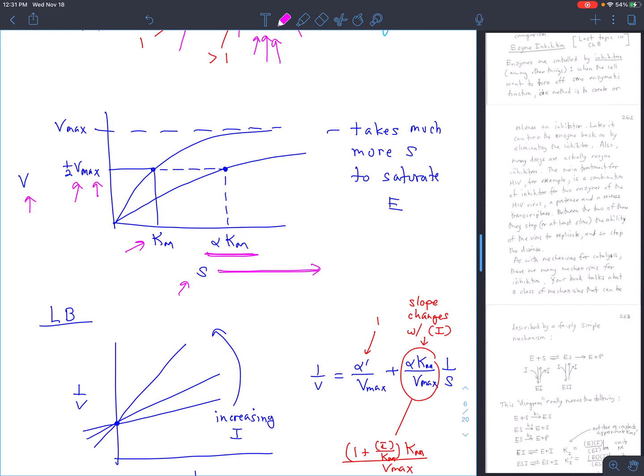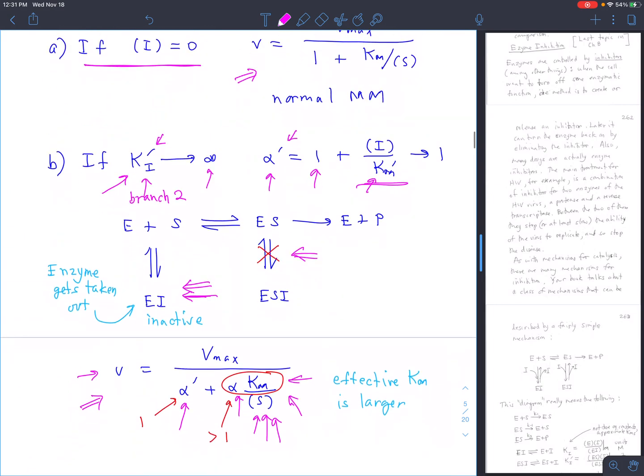And so eventually, if you go to high enough substrate concentration, you'll get to just as high. A truly saturated enzyme at infinite substrate concentration will be just as fast, even in the presence of inhibitor, as was the original enzyme, but it will take more substrate now in order to get to that point. It takes much more substrate to saturate the enzyme.